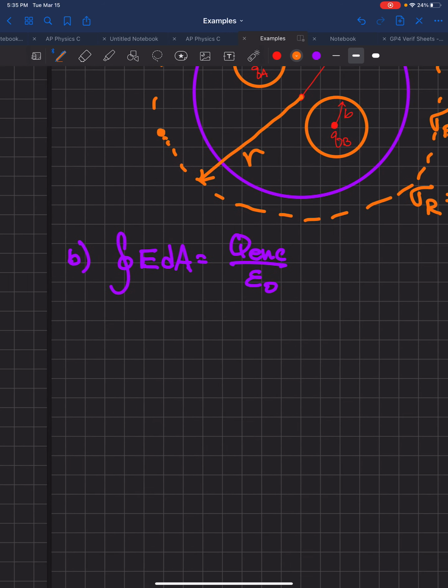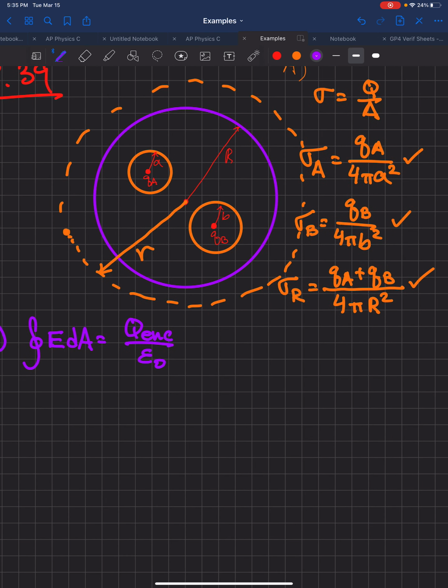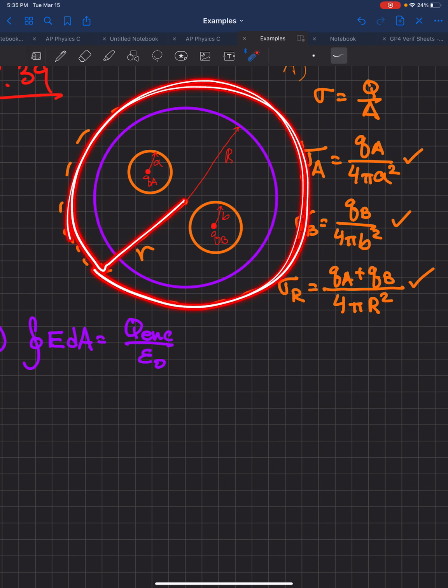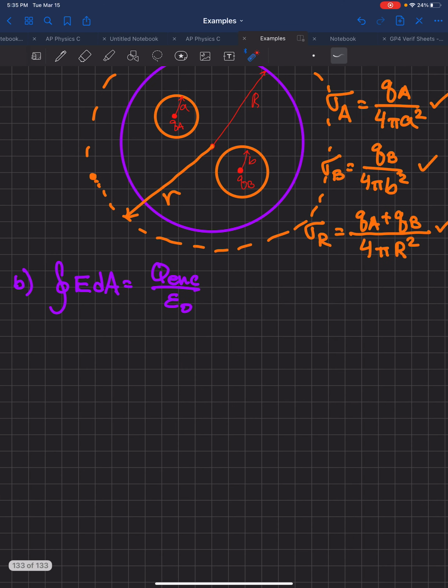And then we can apply Gauss's law. Let's do the left side of Gauss's law. Like I said in the last video, the point of Gauss's law is that if you make a Gaussian sphere at the point you're interested in, every point along this sphere should have the same electric field because it's equally far away from the center. So this electric field pops out of the integral because it's a constant.